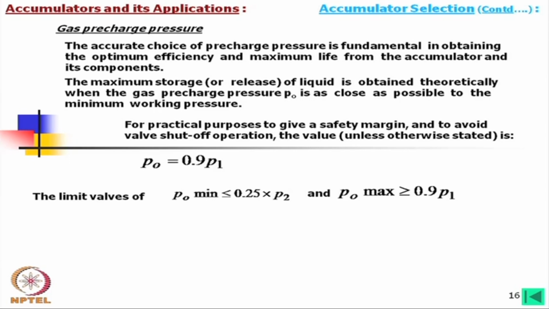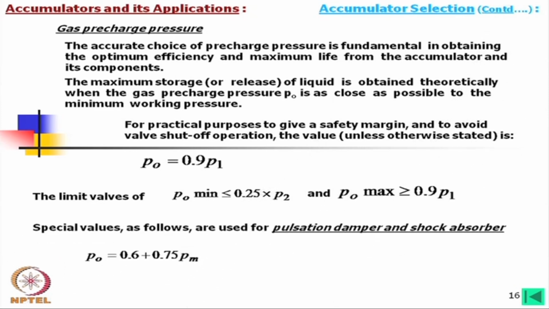At one point we have shown P2 by P0 is equal to 4. So, from this relation and the above relation, looking into these working pressures, we can find what the P0 should be, which will be in between this and this.